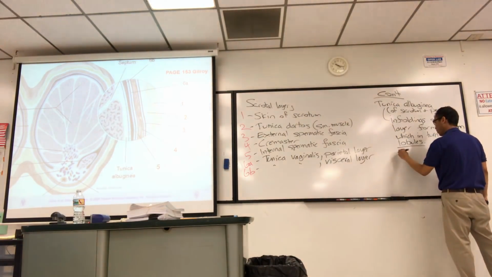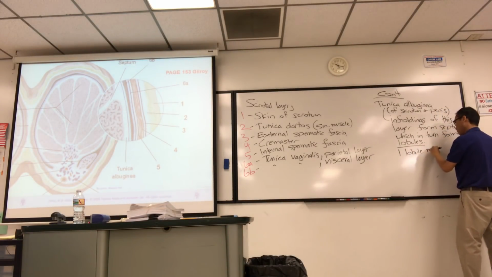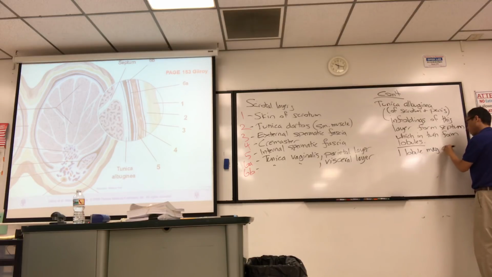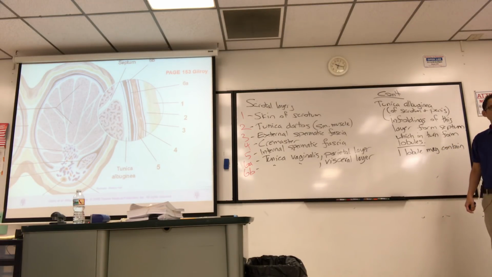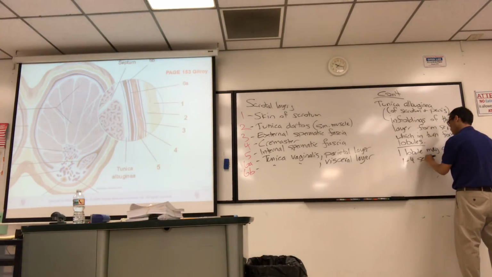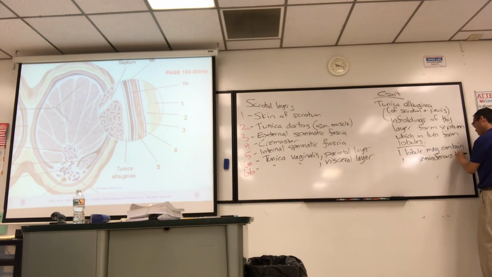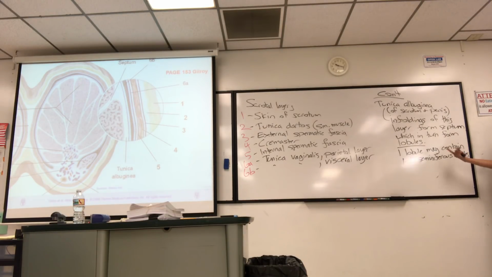Within one lobule, there may be anywhere from 1 to 4 seminiferous tubules. Each tubule may be 32 inches long, and there's a lot of these lobules.